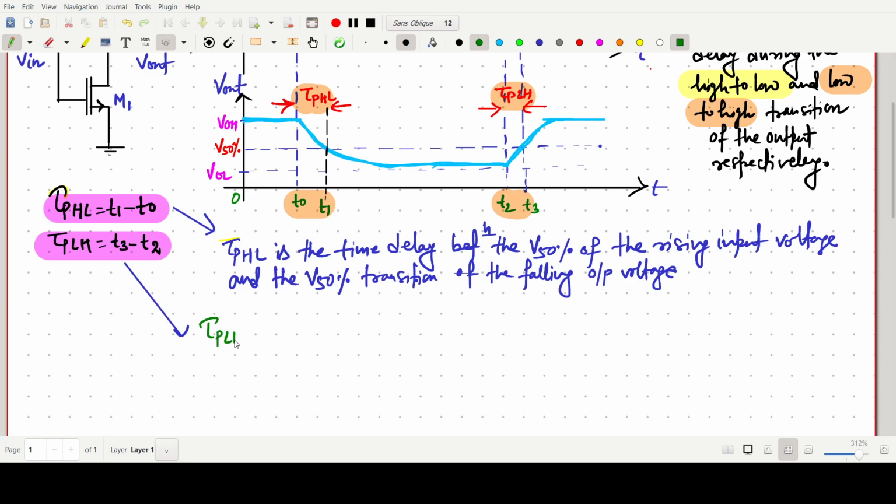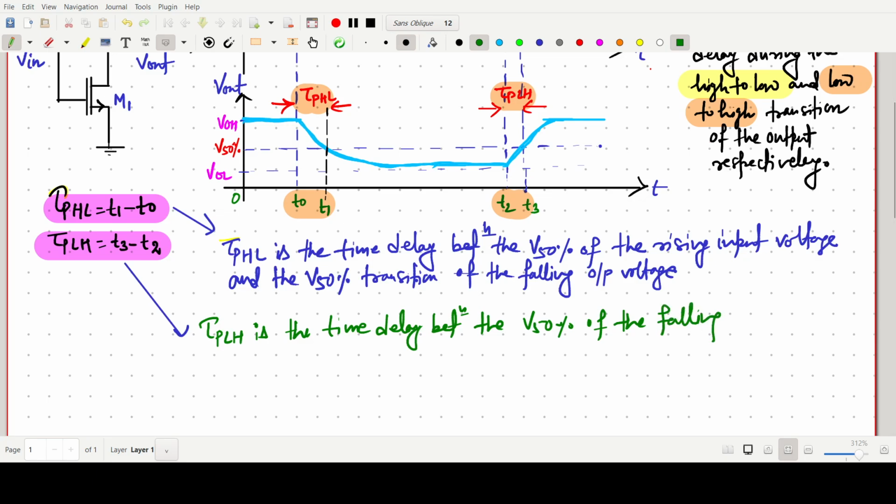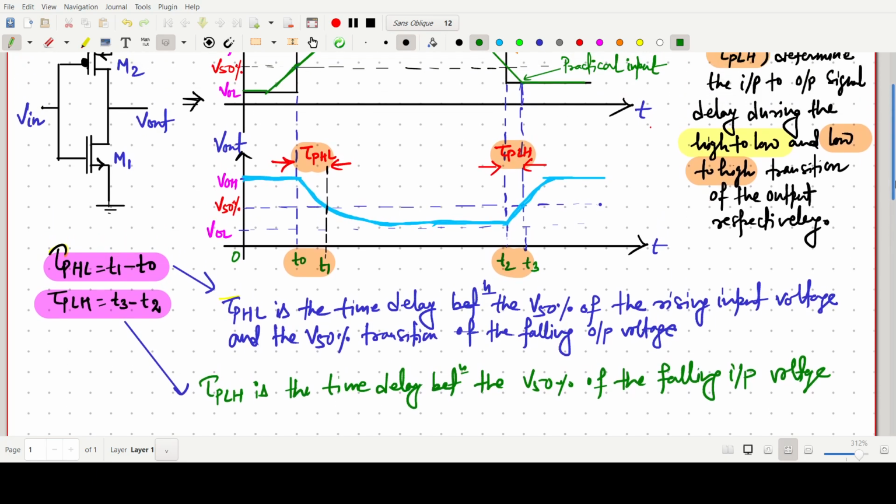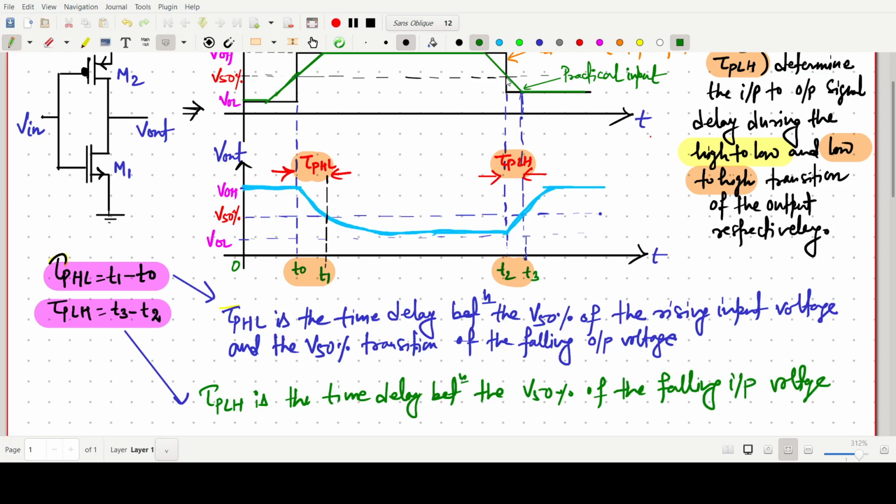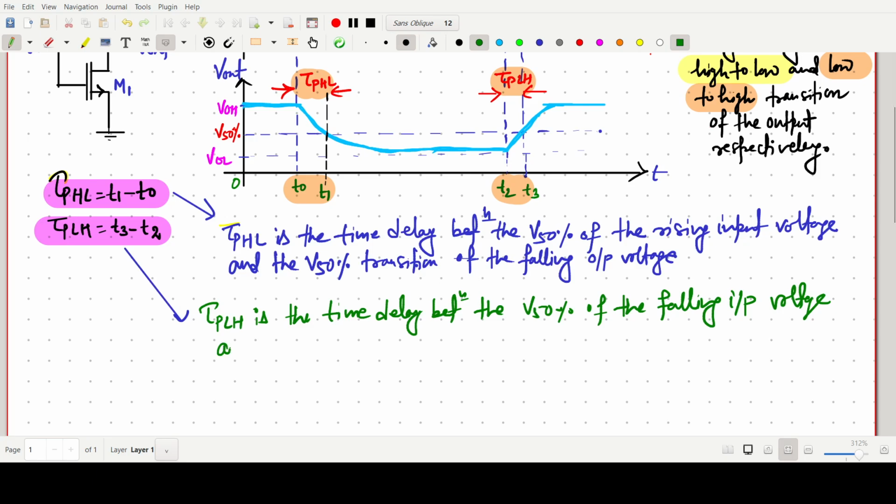Tau PLH is the time delay between the V50% of the falling input voltage, where it is falling input voltage, this one, and the V50% transition of the rising output voltage.